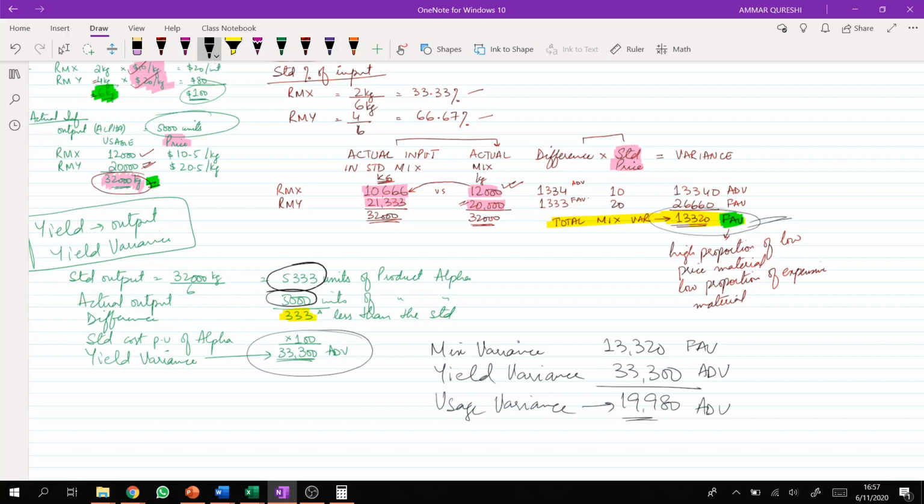So overall, financially, if someone asks me whether this policy was in favor of the company or not, I will definitely say that no, this policy wasn't favorable for the company, because overall the company has to suffer extra cost. Overall cost has been increased, and remember, we haven't considered the quality issue here. Maybe quality has also been compromised by changing the mix of raw material.